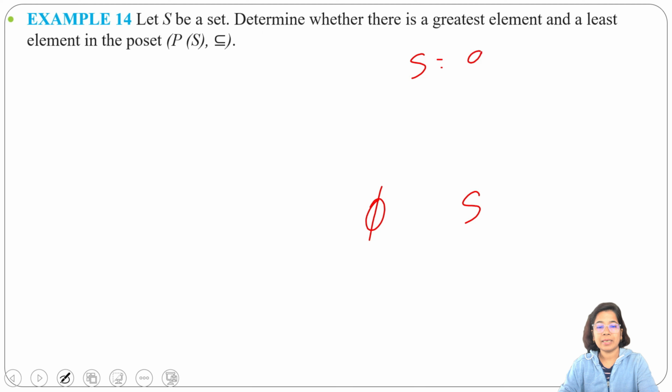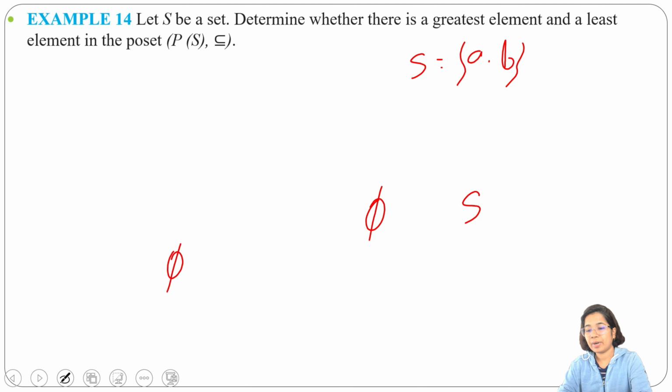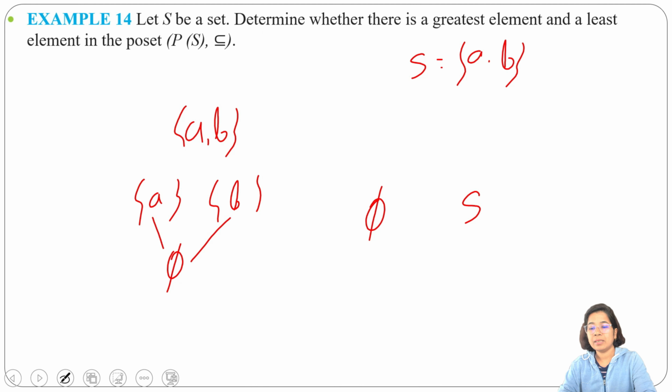Suppose S contains A, B, then in the Hasse diagram first will be phi, then A, then B, then AB. So phi will be a subset of AB, A and B will be subsets of AB. So here the greatest element is AB and the least element is phi.